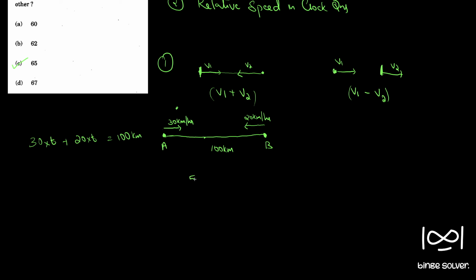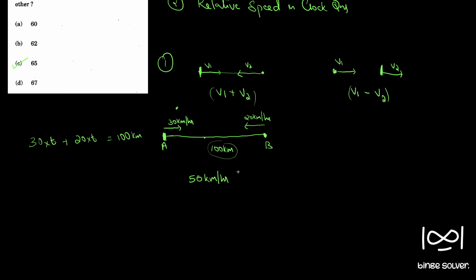So B is traveling at 50 kilometers per hour towards A, and if they want to meet, how much distance should B cover at that relative speed? B should cover 100 kilometers, since A is stationary.